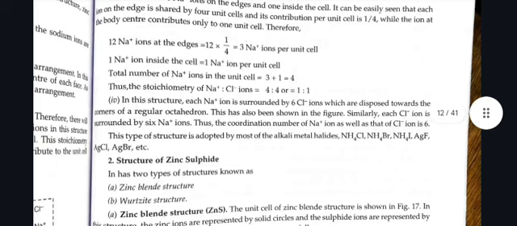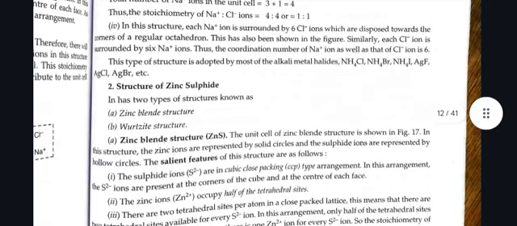Total number of Na+ ions in the unit cell equals 3 plus 1, which is equal to 4. Thus, the stoichiometry of Na+ and Cl- ions becomes 4:4 or 1:1. In this structure, each Na+ ion is surrounded by 6 chloride ions, which are disposed towards the corners of a regular octahedron.